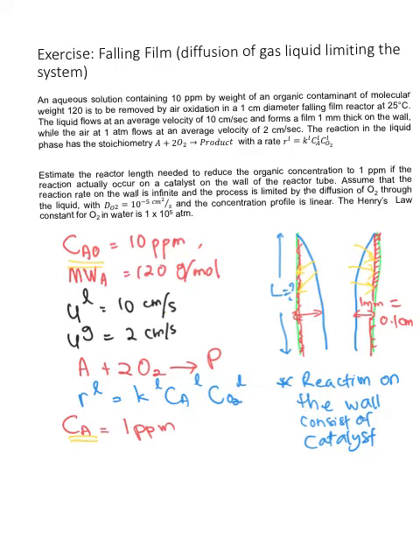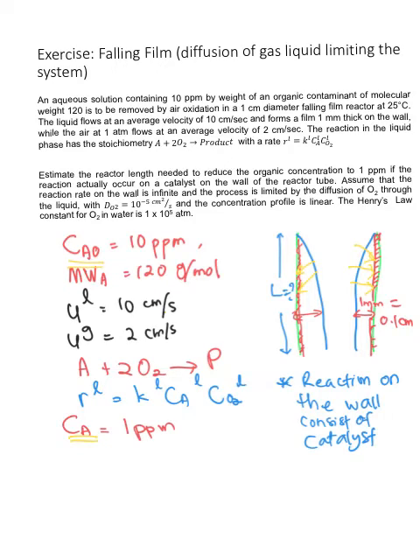So meaning that the diffusion of oxygen in liquid phase to the surface of catalyst, the mass transfer of oxygen in liquid phase to the external surface of catalyst, limits the reaction. That's the meaning of the question here.